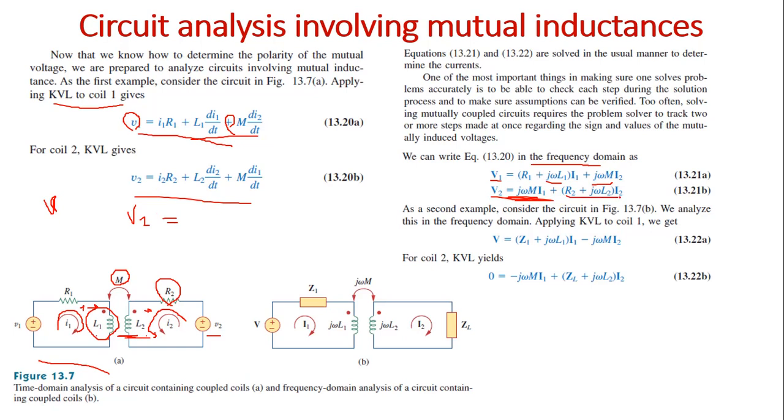I is represented as a phasor, V is also represented as a phasor, and the values of resistance, inductance and capacitance are all represented in the frequency domain.